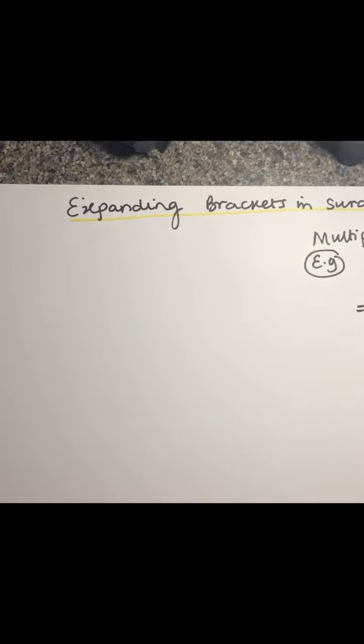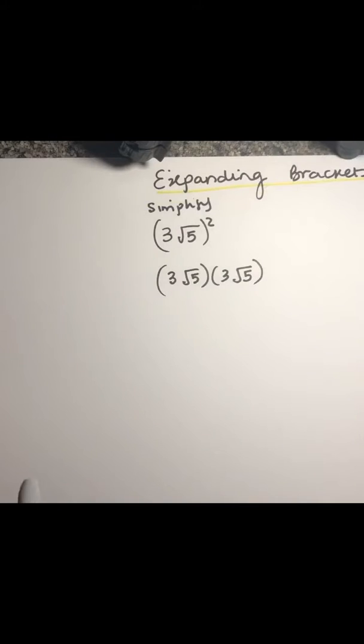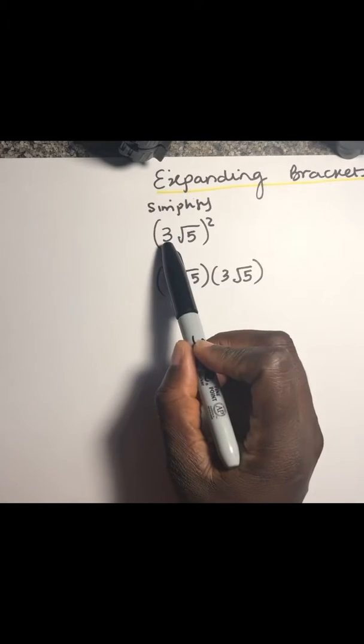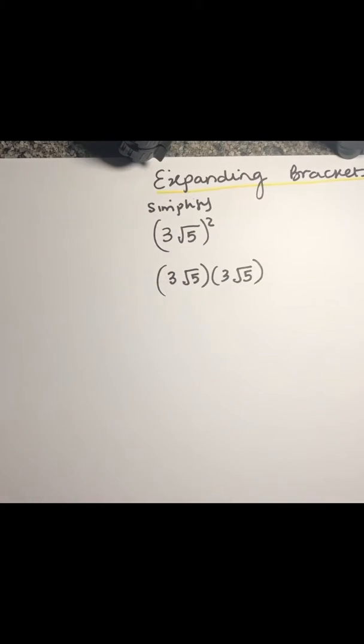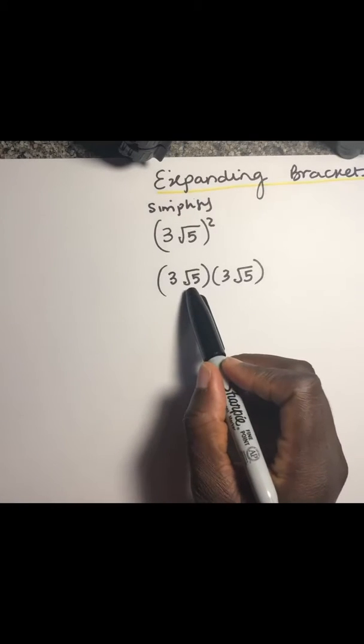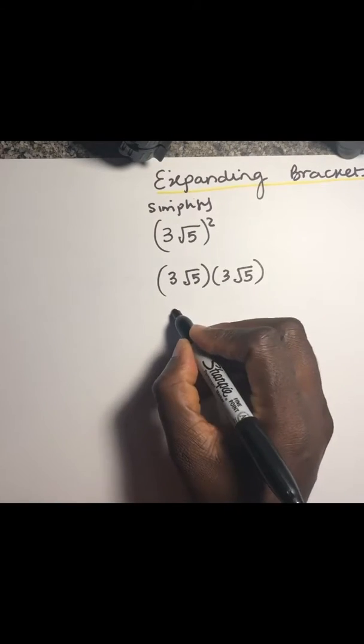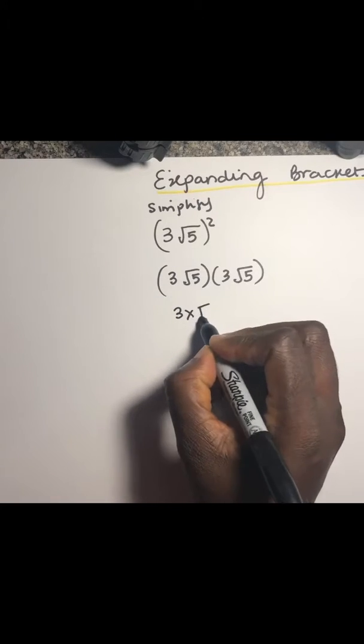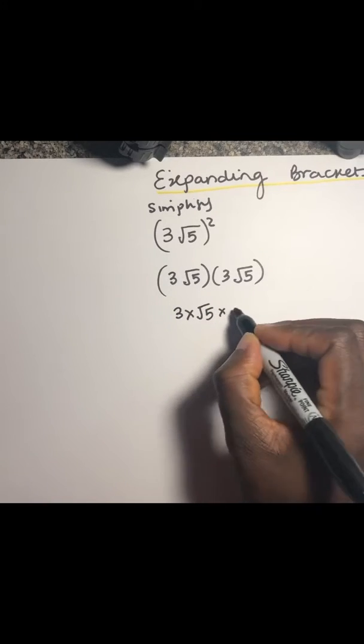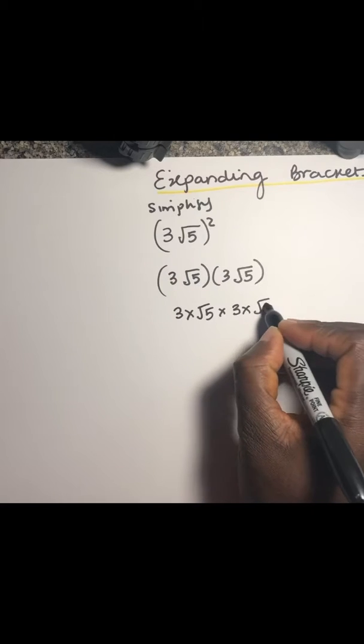Okay, now let's have a look at expanding brackets. If you have 3 root 5 all squared, then you can rewrite that as 3 root 5 times 3 root 5. So let's just write that as 3 times root 5 times 3 times root 5.